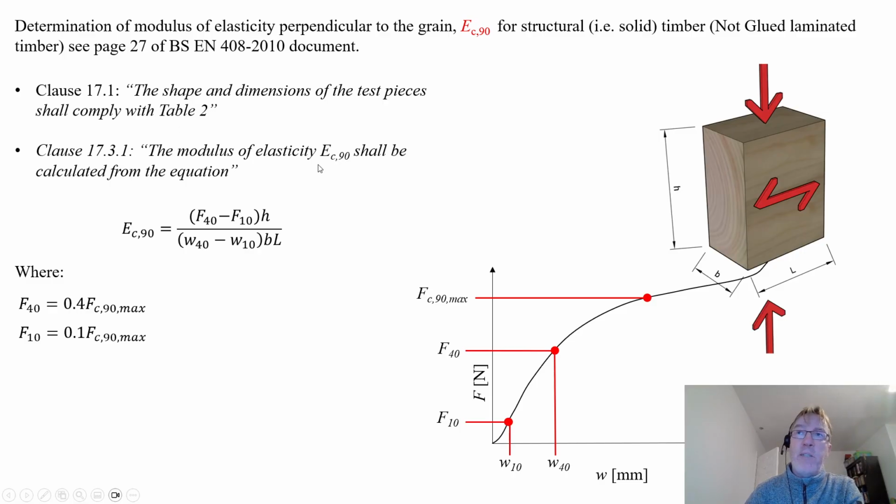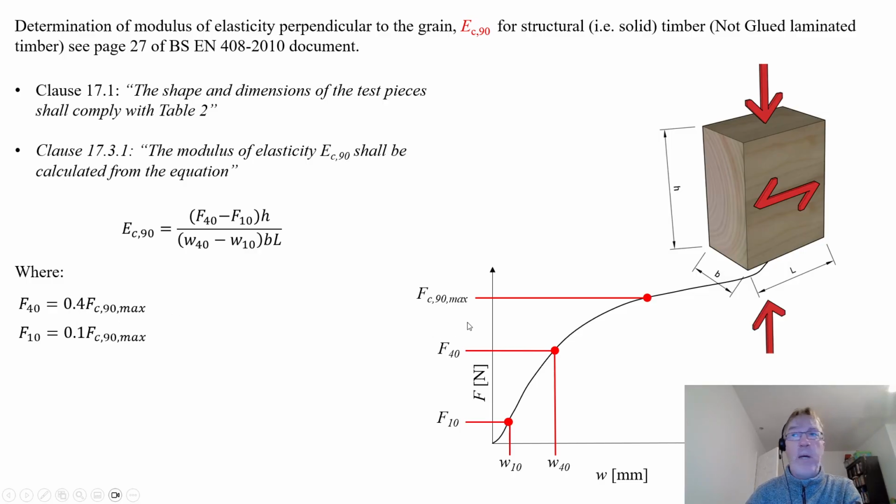The modulus of elasticity shall be determined from the equation in clause 17.3.1, which is EC90 equals F40 minus F10, all multiplied by H, and then all of that divided by W40 minus W10 multiplied by the area, BL, where F40 and F10 are quite simply 10% of F max and 40% of F max.